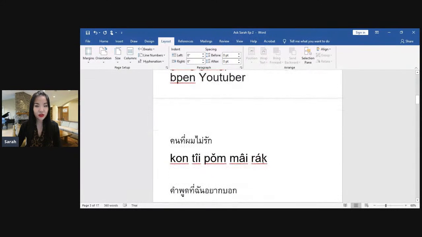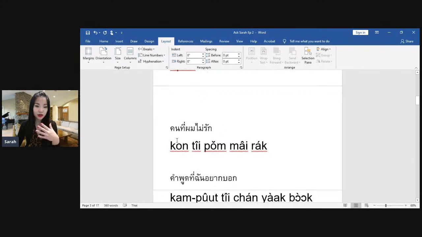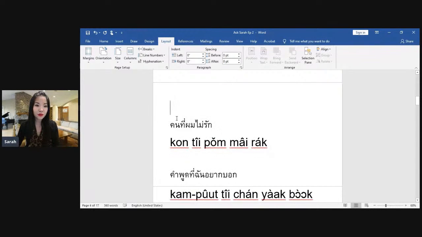All right, so next example, when we talk about people in general, like which people, this is a phrase also. This is not a sentence. คนที่ผมไม่รัก, the person whom I don't love. So here you can see that we don't use the word ใคร, right?